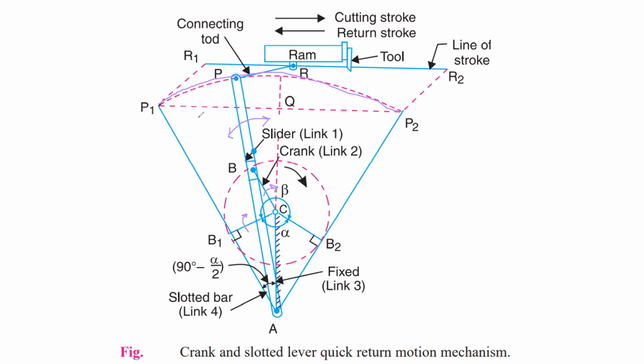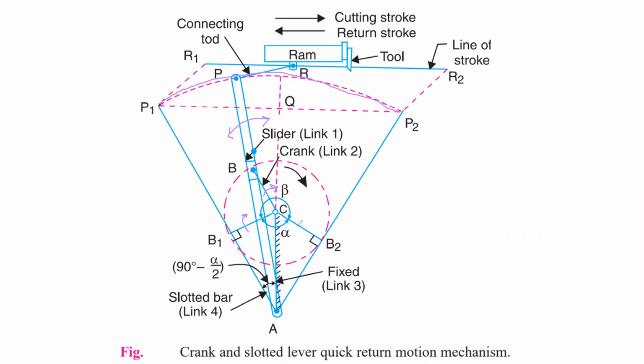After cutting, your tool will return to its original position. But the angle through which the crank has turned is only alpha, and alpha is less than beta. Though the motion is equal, you are returning back very quickly.